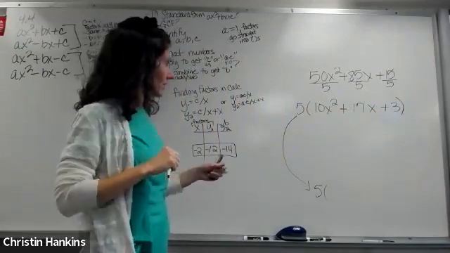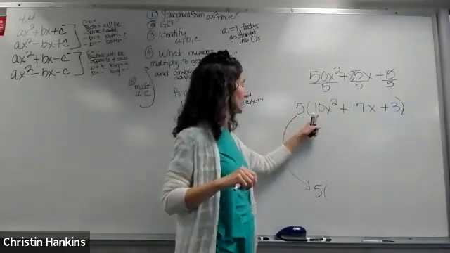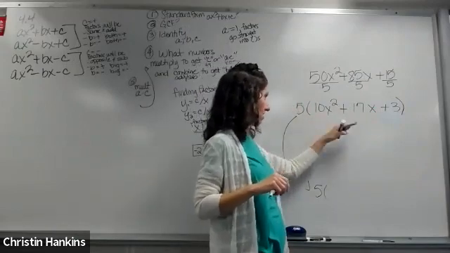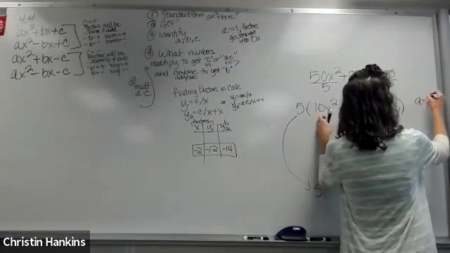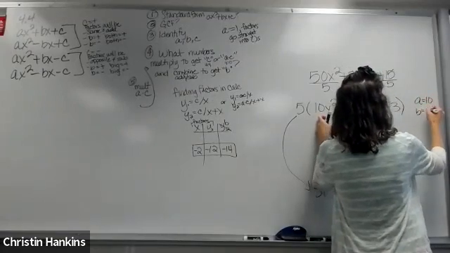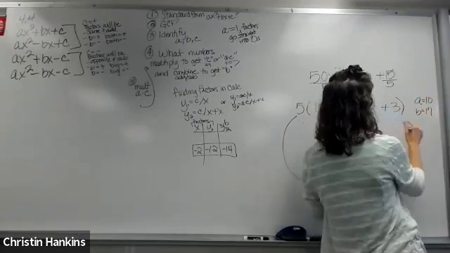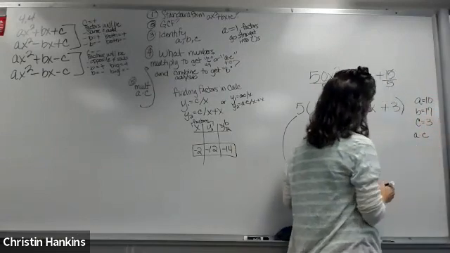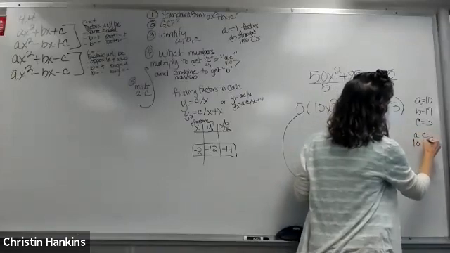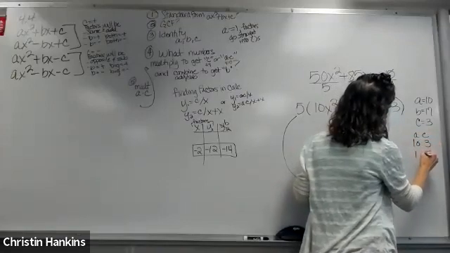So there we are in the middle, and notice that as we took the GCF off, we didn't get rid of our A like we would like to. So we identify all our parts and know that we're going to have to do all the bulky work. So A times C is 10 times 3 is 30. 30 is another big one.